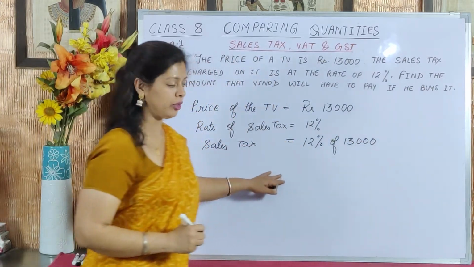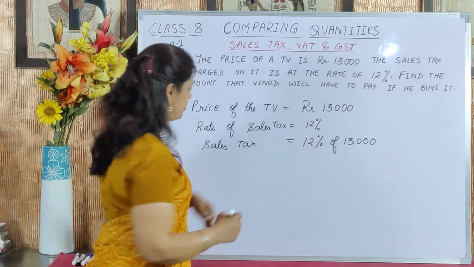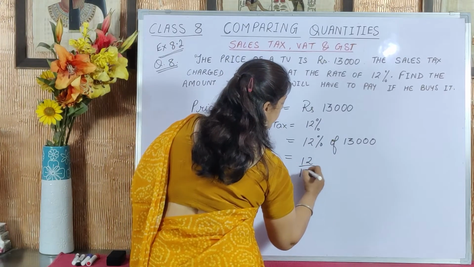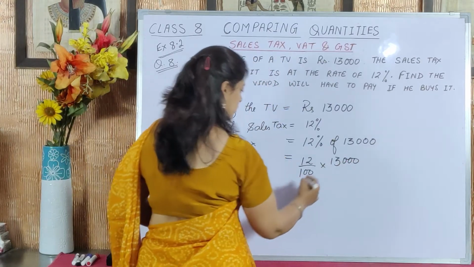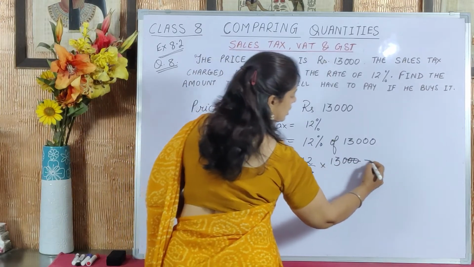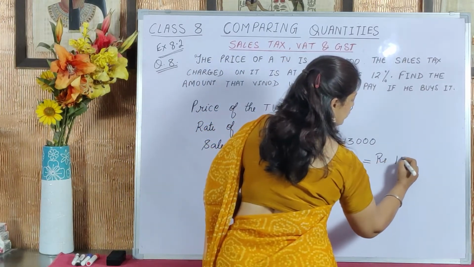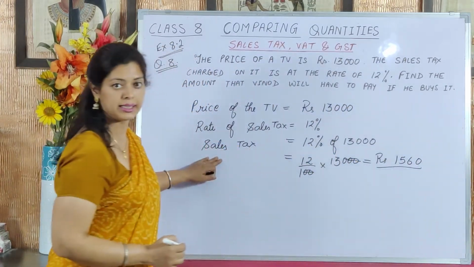So just like we calculate finding percentage of a number, it is similar to that. So we can calculate 12 upon 100 multiplied by 13,000. So zeros get cancelled. 12 multiplied by 130. 12 13s is 156 and a 0. So this is the sales tax.